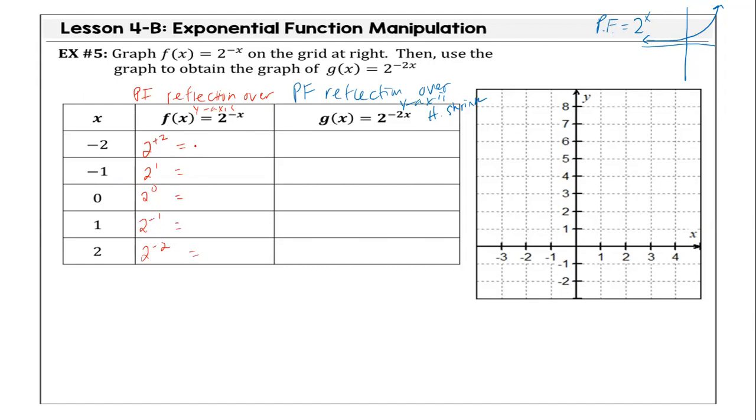And that's going to give, exactly, 4, 2, 1, 1/2, and 1/4. All right. So I'm going to go to negative 2, 4. Negative 1, 2. 0, 1, 1, 1/2, and 2, 1/4.